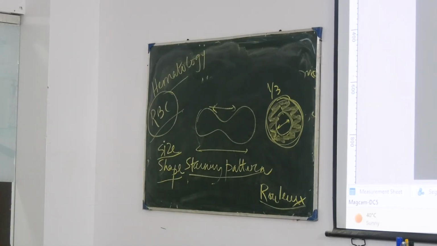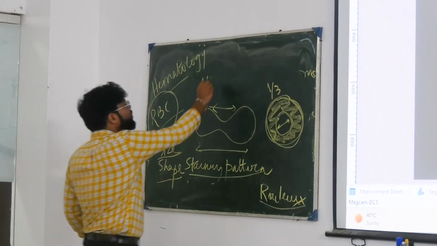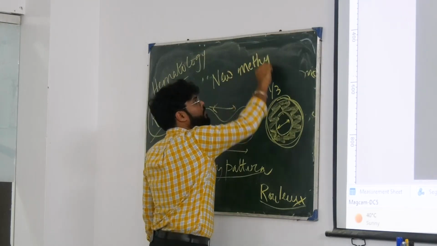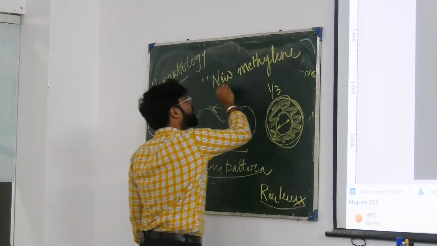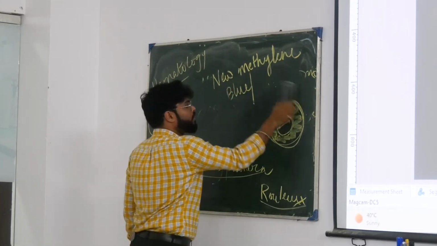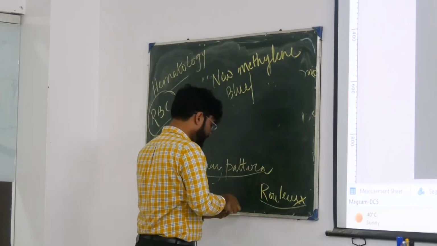What is the special stain for identification of the reticulocyte? It's a supravital stain, the new methylene blue group or brilliant cresyl blue group.